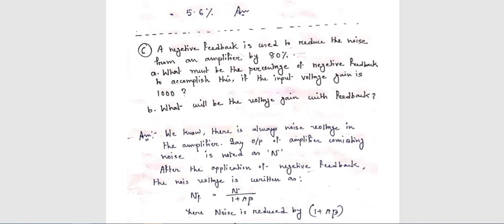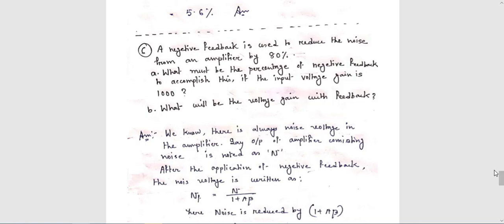Again here noise is attached. A negative feedback is used to reduce the noise of an amplifier by 80%. What must be the percentage of negative feedback to accomplish this? If the input voltage gain is 1000, what will be the voltage gain with feedback?